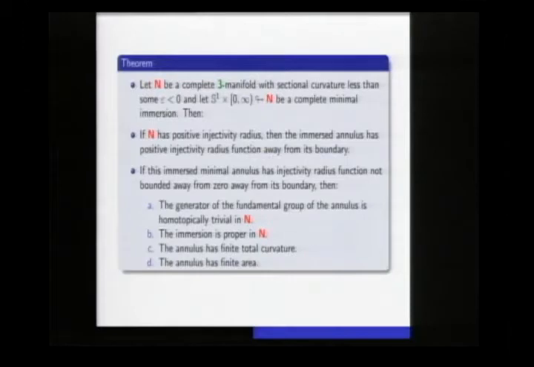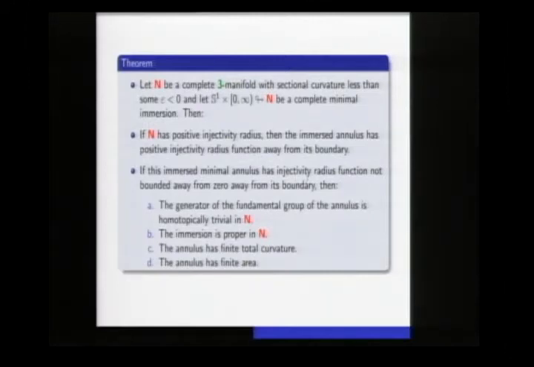Yes, Laurent. There's something that is not clear to me. In the last one, you still assume that N has positive injectivity radius? No, the last point, I don't assume that.